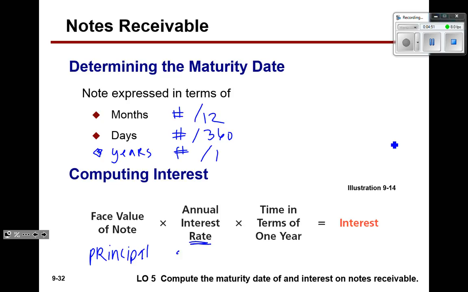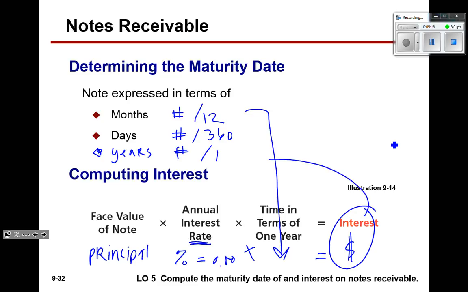Of course, you'll see it as a percentage, but we have to turn it into a decimal version, times time, whatever you figured out up here. So 3 out of 12, 45 out of 360, or 3 out of 1. And then that ends up being the dollar amount to borrow the principal.